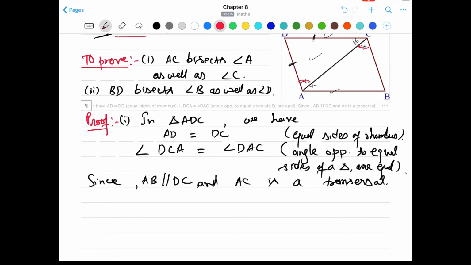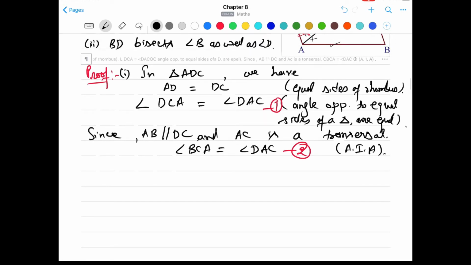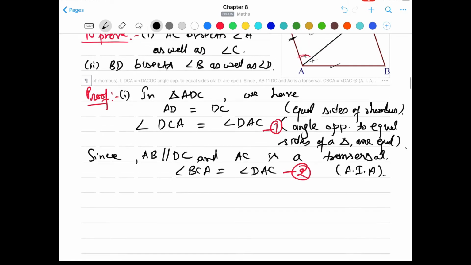So we'll write angle BCA will be equal to angle DAC. Okay, suppose this was equation number 1, this is equation 2. The reason for this one is alternate interior angles.